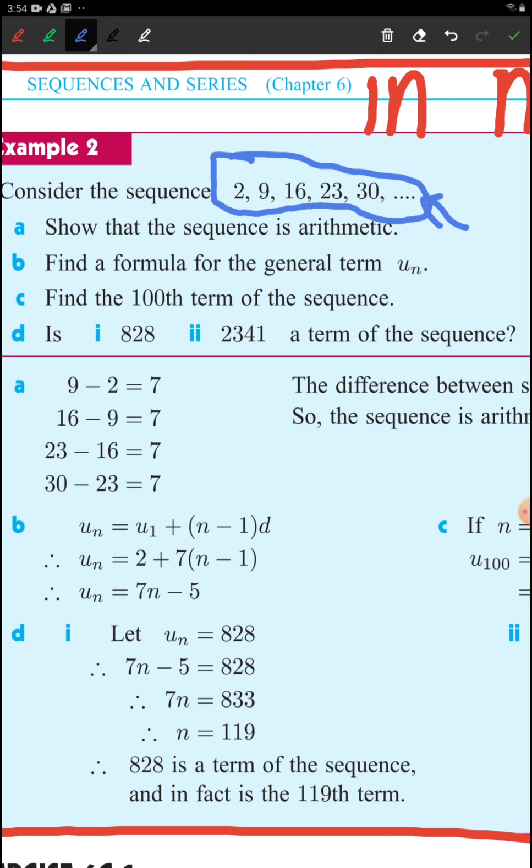In other words, does a common difference exist? If a common difference exists, then the sequence is arithmetic. If a common difference does not exist, then the sequence is not arithmetic. It might be geometric, or it might just be a random set of numbers. So first we have to determine whether the list of numbers is actually arithmetic, and that's by determining the common difference.